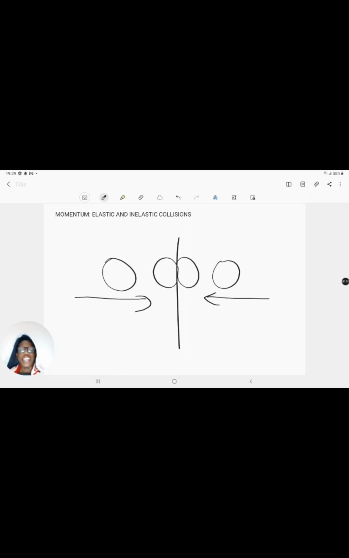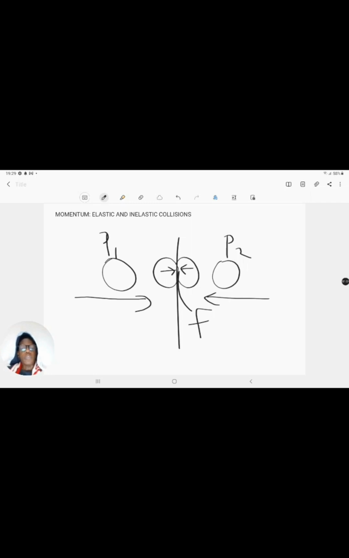They will strike each other with a certain force. Both balls have certain momentums. Each ball has its own momentum, and while they're moving at that momentum, when they hit one another, they will strike one another at a certain force, and so basically they will collide. Okay, so that is what a collision is.